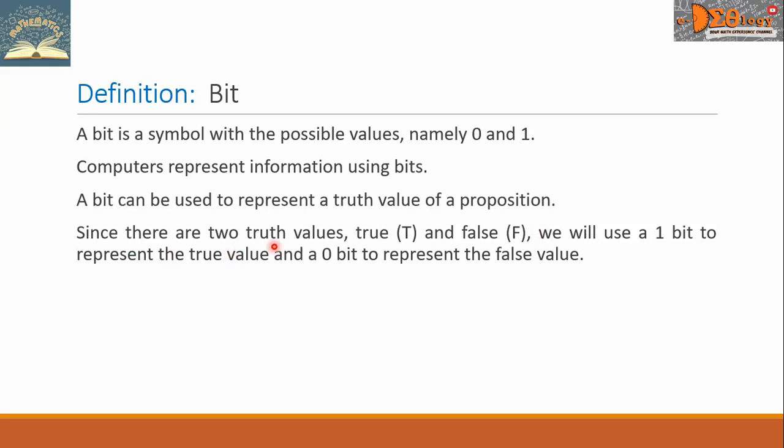Since there are two truth values, true represented by T and false represented by F, we will use a 1 bit to represent the true value and a 0 bit to represent the false value.